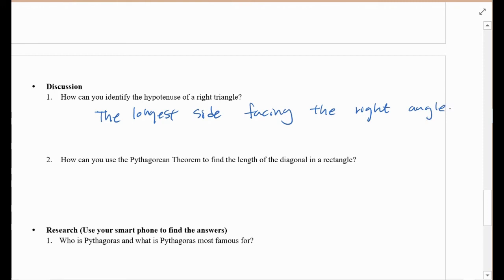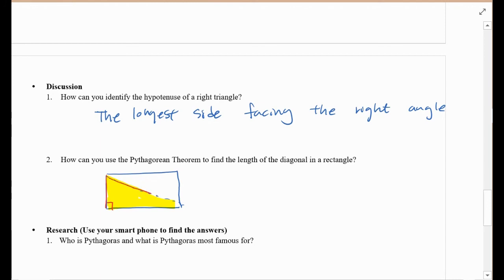How can you use the Pythagorean theorem to find the length of a diagonal in a rectangle? Okay, everyone, this is a diagonal. And what kind of triangle is this? This is a right triangle.